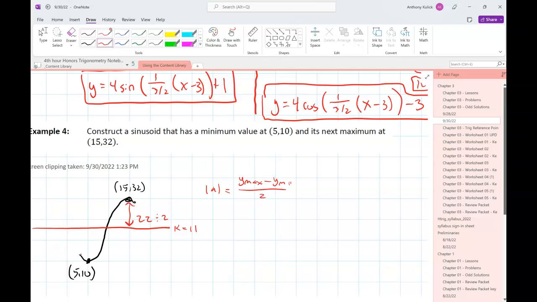So I found the distance because I subtracted. If I did max coordinate minus min coordinate, that's the distance between the two, right? And if I divide that in 2, that's the amplitude.